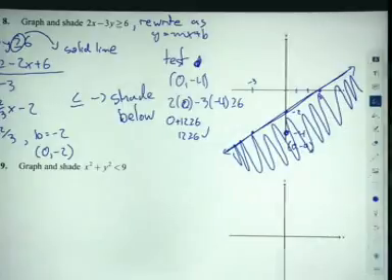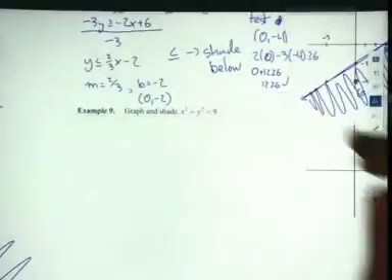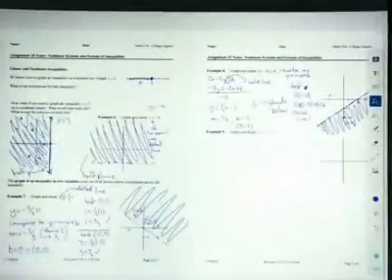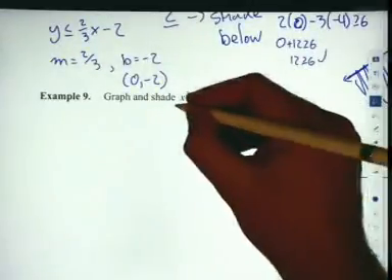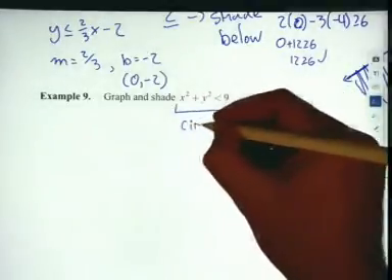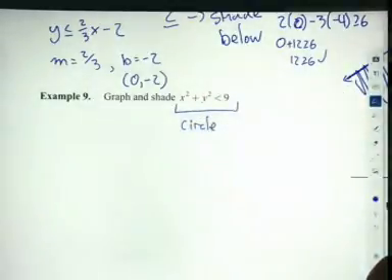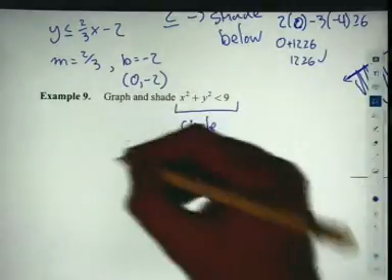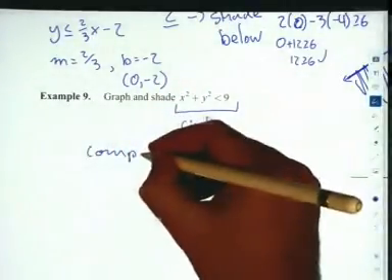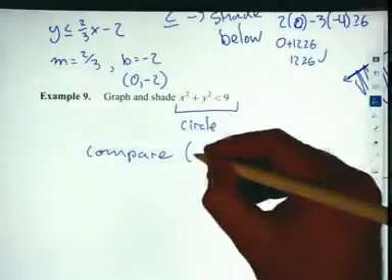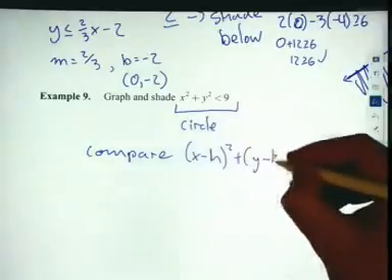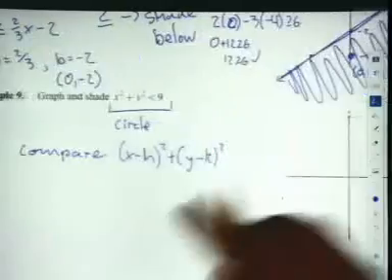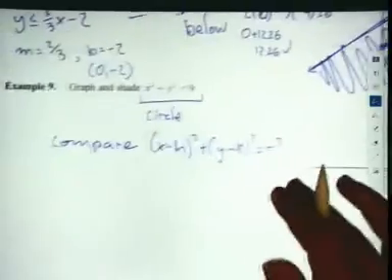Alright, I think I've got time to get maybe 2 more examples in. Let's do this one. This one's interesting because we're not dealing with a line anymore. This is a circle. Remember, we compare to the standard form of a circle: x minus h quantity squared plus y minus k quantity squared is equal to r squared.